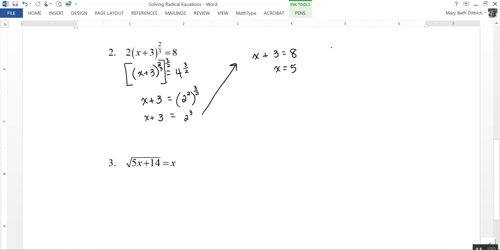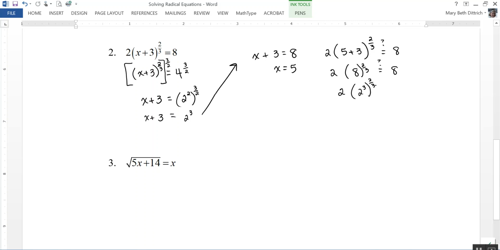So let's go ahead and check that in the original equation. So 2 times 5 plus 3 to the 2/3, is that equal to 8? So is 2 times 8 to the 2/3 power equal to 8? 2 times 2 to the 3rd to the 2/3.